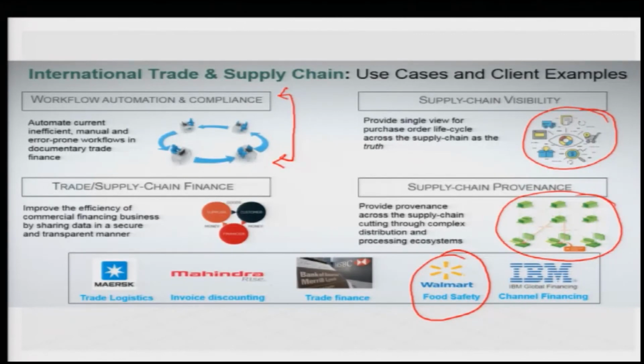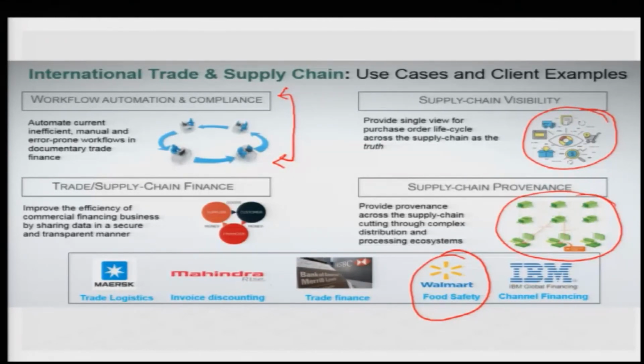Usually this is also tracked very manually in a normal scenario, but with a blockchain implementation, all that stuff will be in the same blockchain, and then all the necessary visibility as to where something is coming from, how to attribute it to a particular supplier, and whether the supplier is giving credit to the store for returning or throwing out the meat because it was a fault of the supplier.